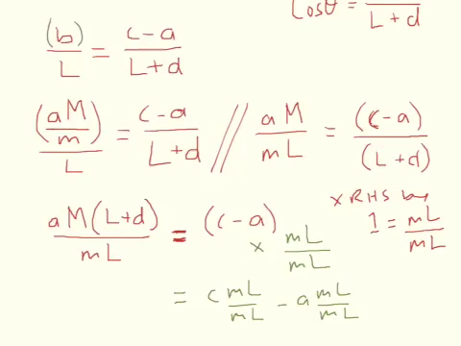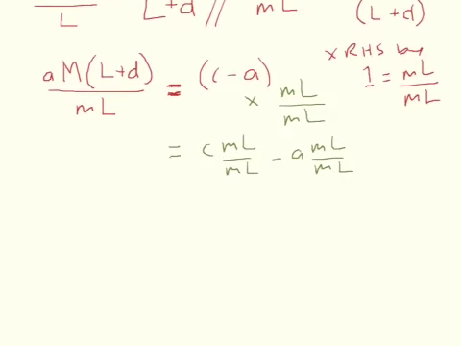And you'll notice now that we've got a common denominator for every single thing on the left hand side and the right hand side, so that makes our rearrangement just a little bit easier.